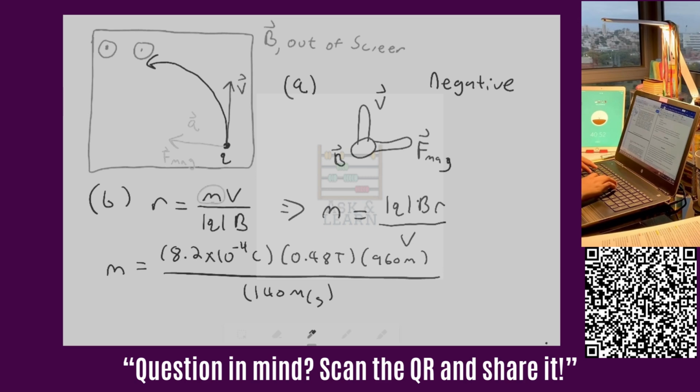Put this in our calculator, do everything out correctly, and we'll see that the mass of this particle is a little small. It is 2.7 times 10 to the negative 3 kilograms. Here, let me rewrite that 3 a little better. And there you go.